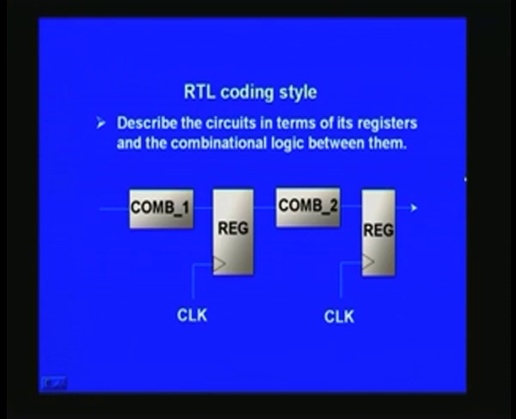It is normally referred to as a pipeline, which we will cover in depth later on when we deal with arithmetic circuits as such. And for the time being, this is enough if you know that the RTL coding style is basically based on separating out combinational as well as sequential circuits as such.